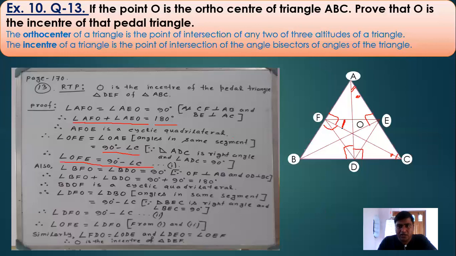So angle DFO is formed by the arc OD, and this arc also subtends angle DBO.